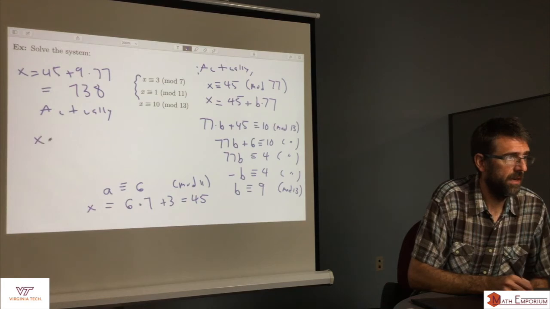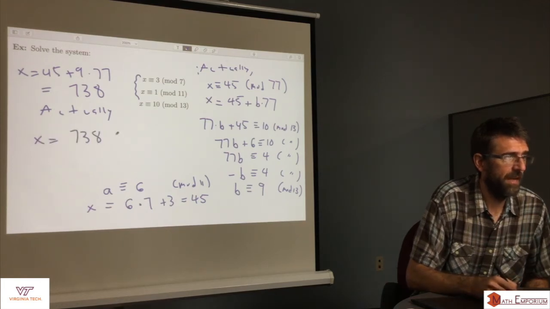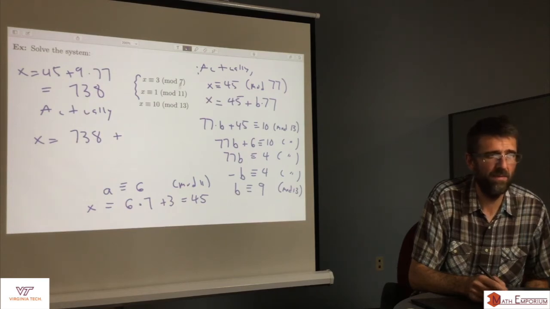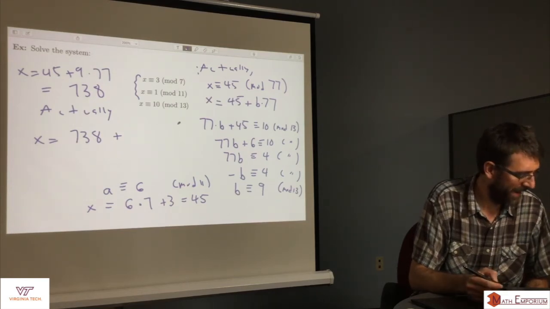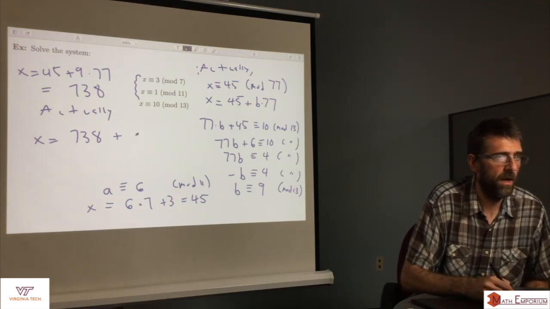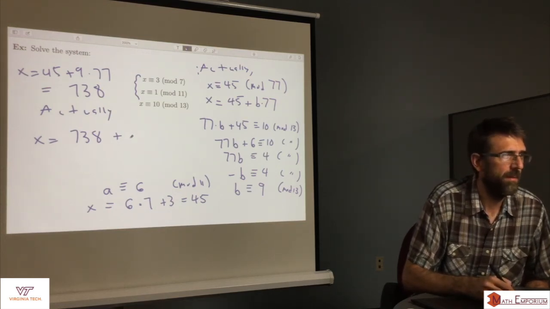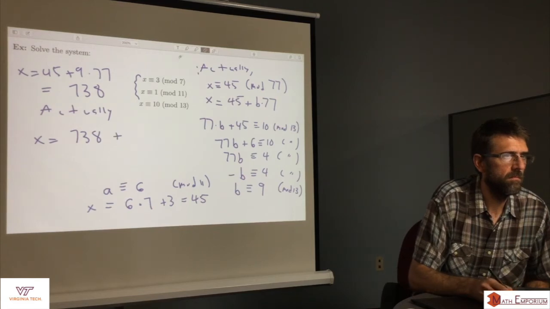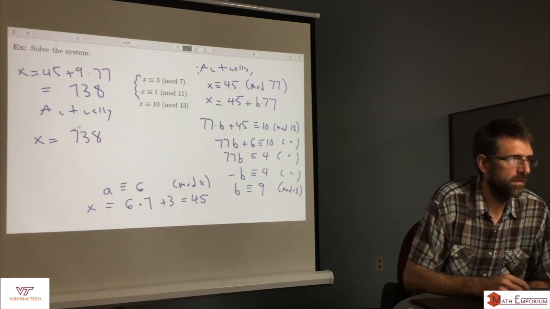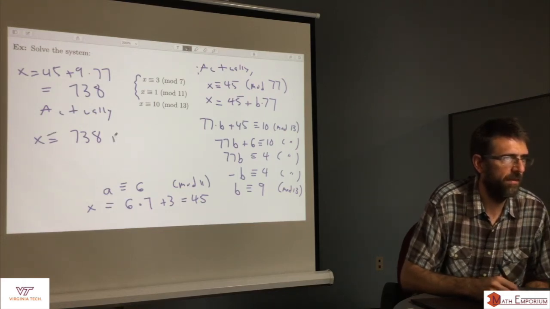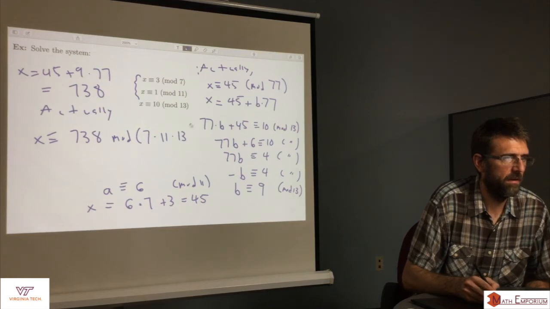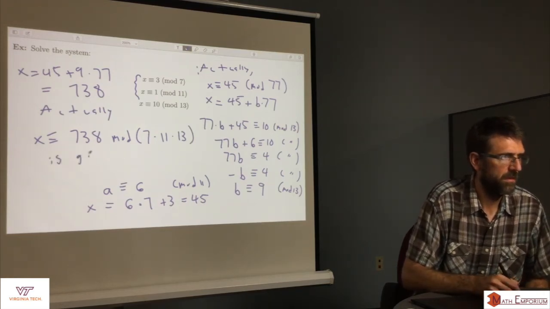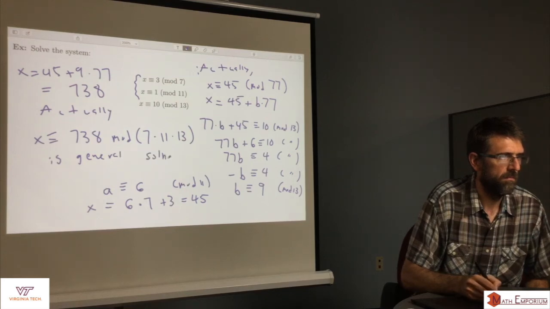If I take x as 738 plus anything that will be annihilated by all three of those moduli, which would be the product of those moduli, or let me write it this way: x being congruent to 738 mod that product is the general solution.